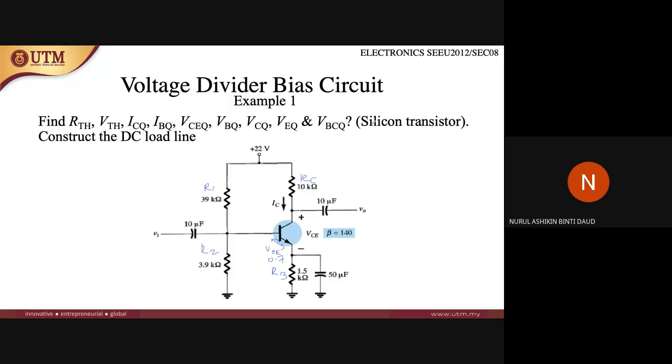Next, find the values of RTH, VTH, ICQ. VTH is the same as ETH just now. And then IBQ, and then VCQ, and those values as well. Let's look. Given for you, the value of beta is 140.